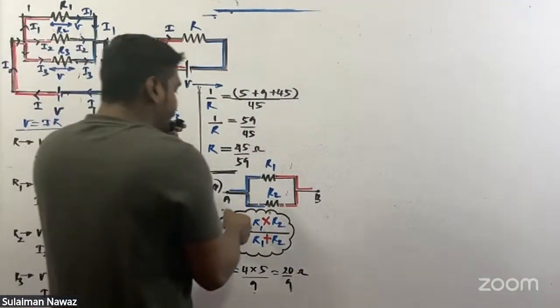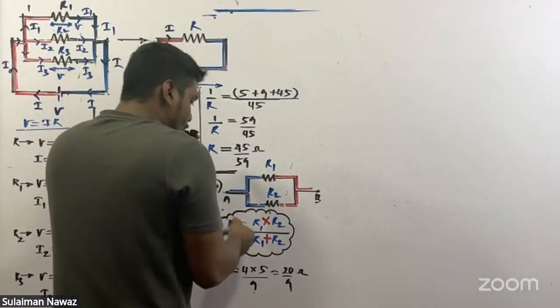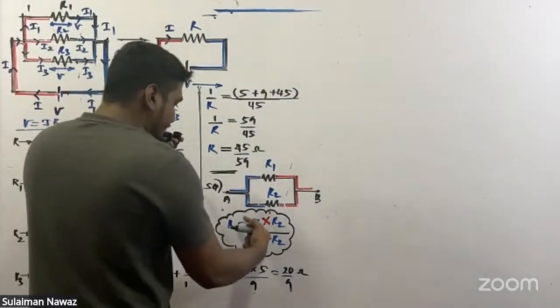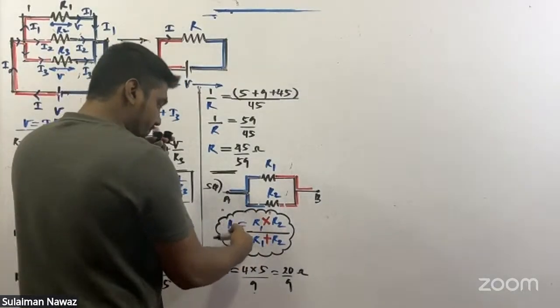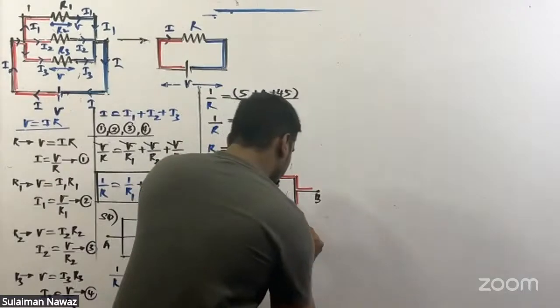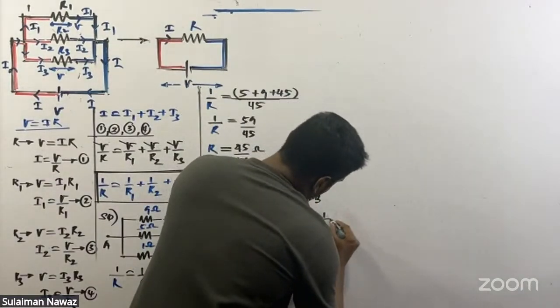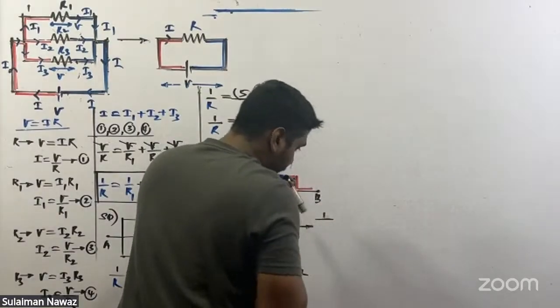But this is not something magic. This is also derived from the fundamental equation. Let me show you how. 1 over capital R must be equal to 1 over R1 plus 1 over R2.